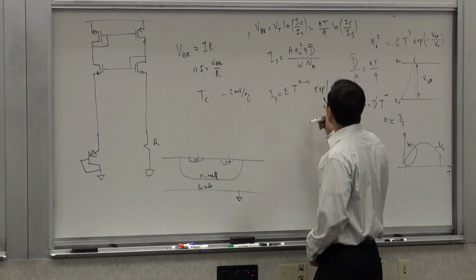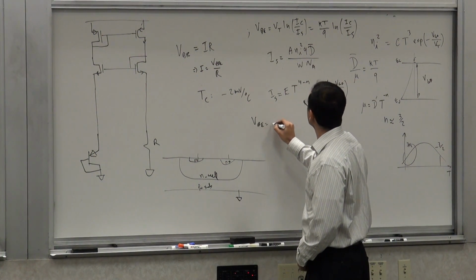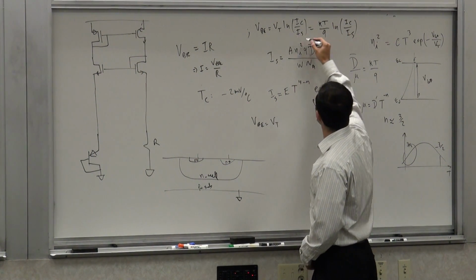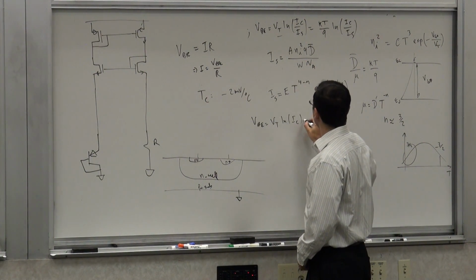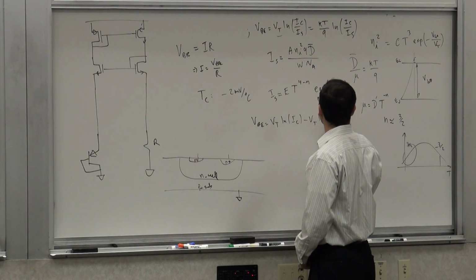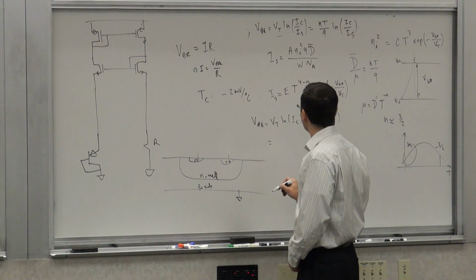And then, let's plug it into the VBE expression and see what we get. VBE is VT ln of IC minus VT ln of IS. And, okay, what does it look like?